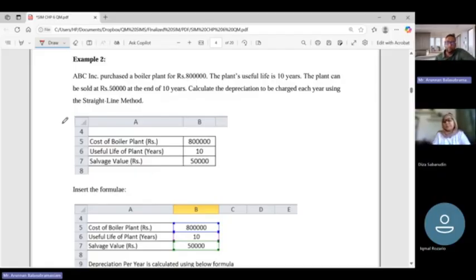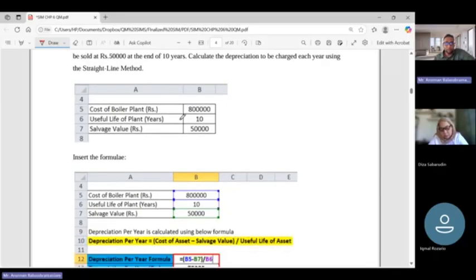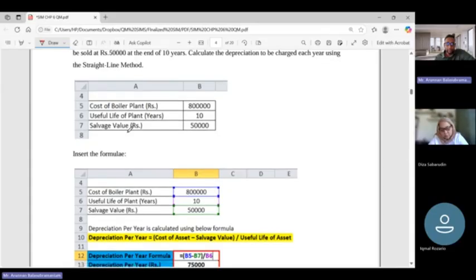When it comes to large numbers or many years, we can use Microsoft Excel to calculate the straight line method here. The cost of the boiler plant is 800,000, the useful life is 10 years, and the residual value, or salvage value, is about 50,000.